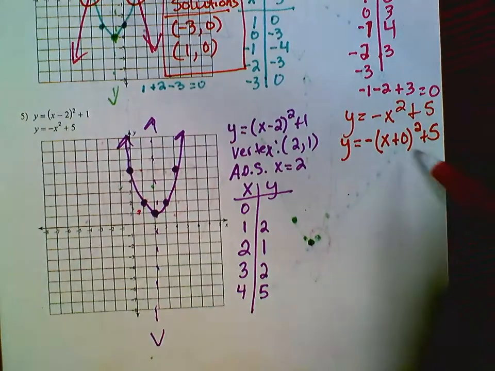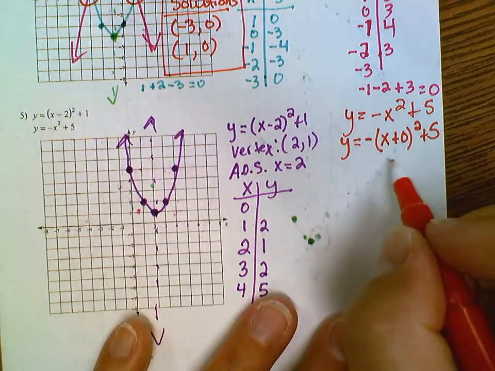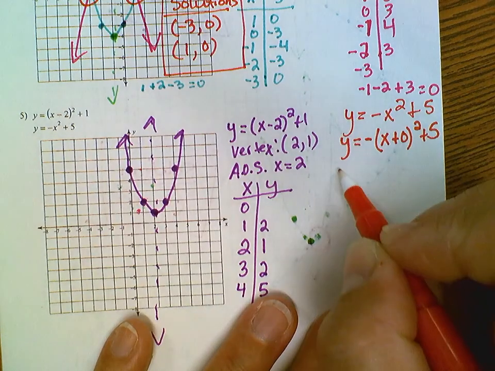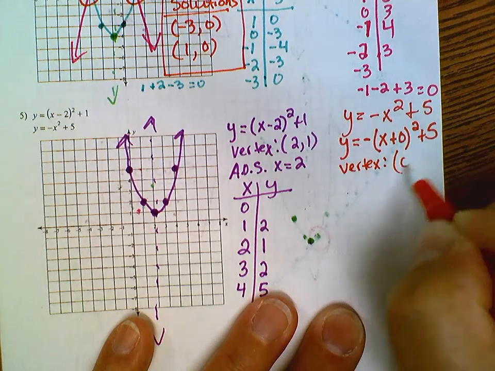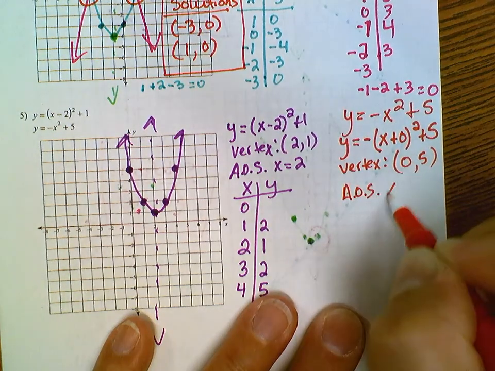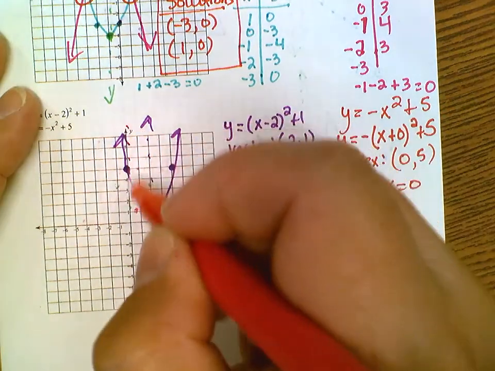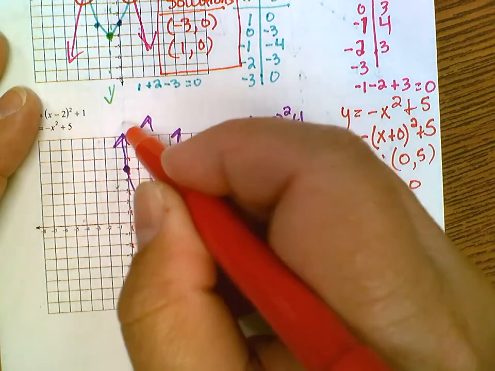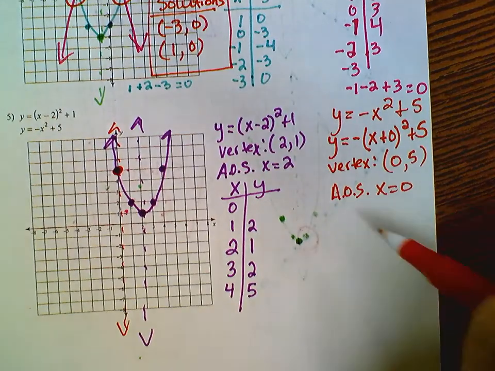But remember, you can just use a b value of 0 and it'll work just the same. So if I do it this way, my vertex is 0, 5, and my axis of symmetry is x equals 0. So here's my axis of symmetry, and my vertex is 0, 5. So I have found a solution already. I think we're going to have another one, though.